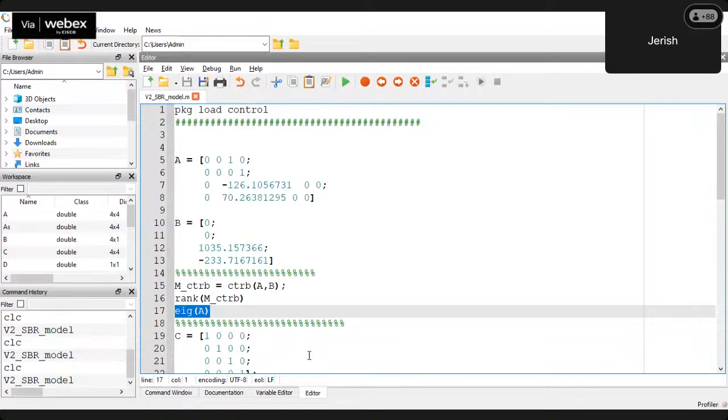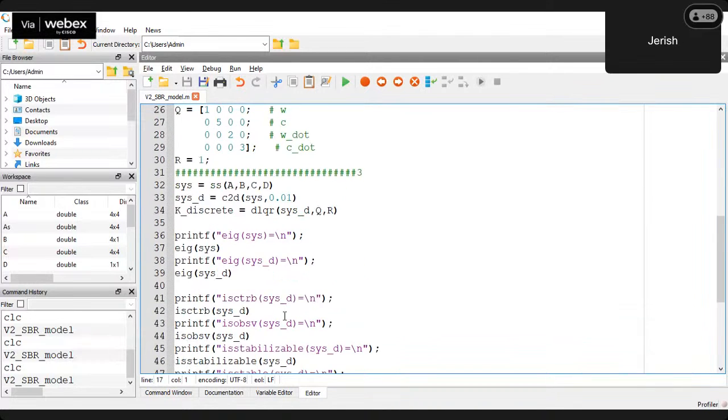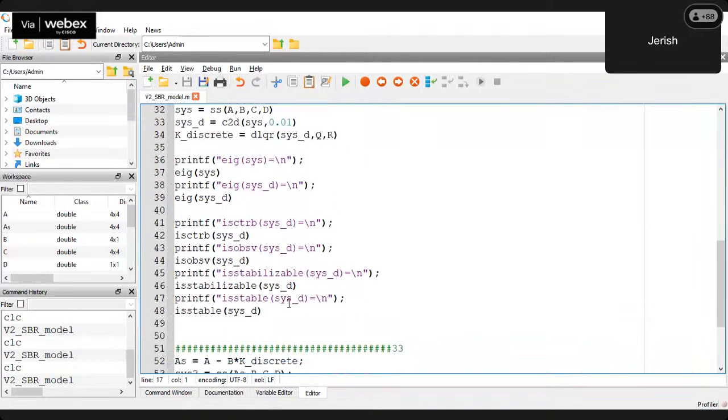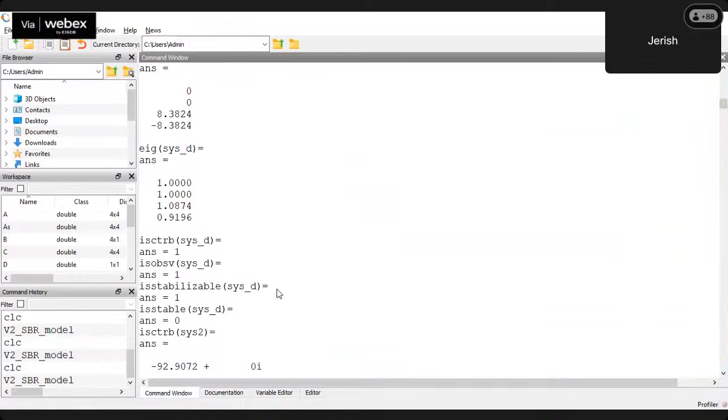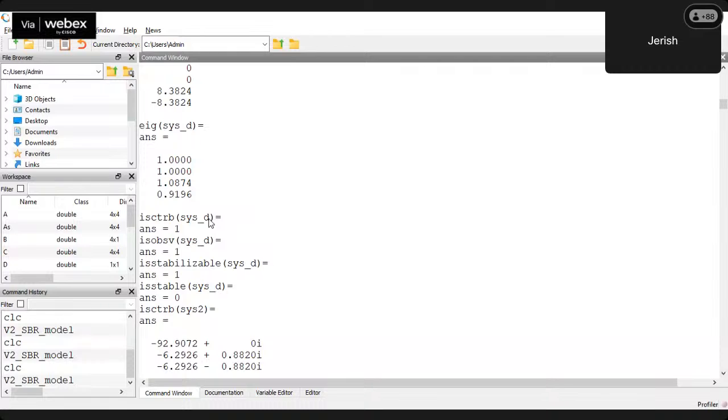Okay, next we want to check if the system is stabilizable, observable, controllable or not. So if you see, sysd is the discretized system. If we ask if it is controllable or not, the software calculates controllability and says it's controllable.